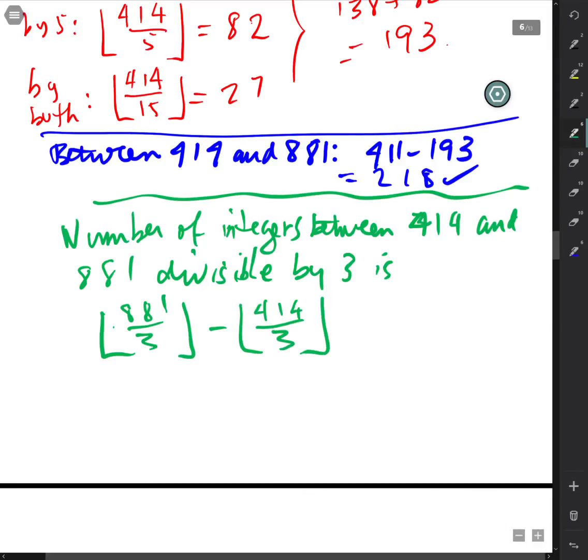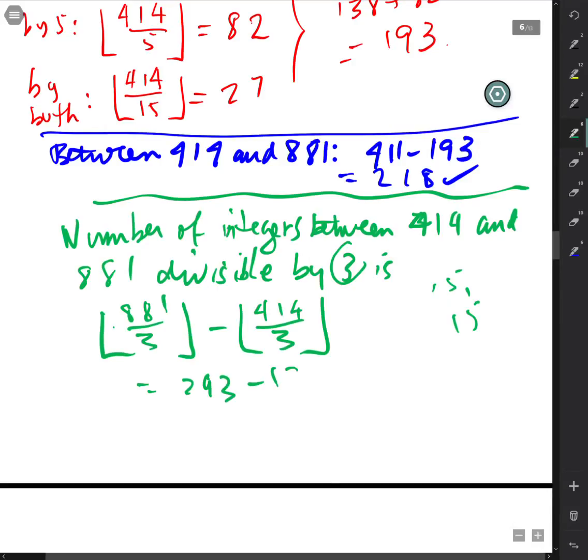Now this is really not anything surprising based on how we did the other one, but you could have done them individually for 3, then 5, and then 15 and added those numbers. This number turned out to be 293 minus 138.